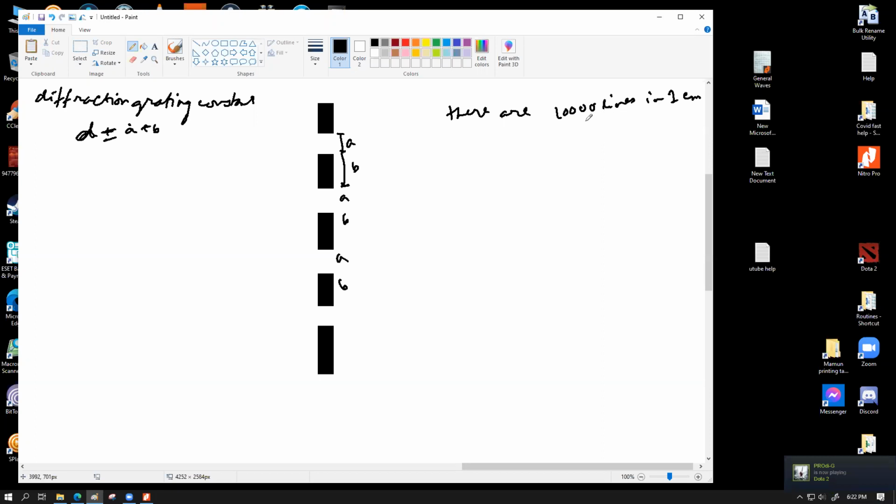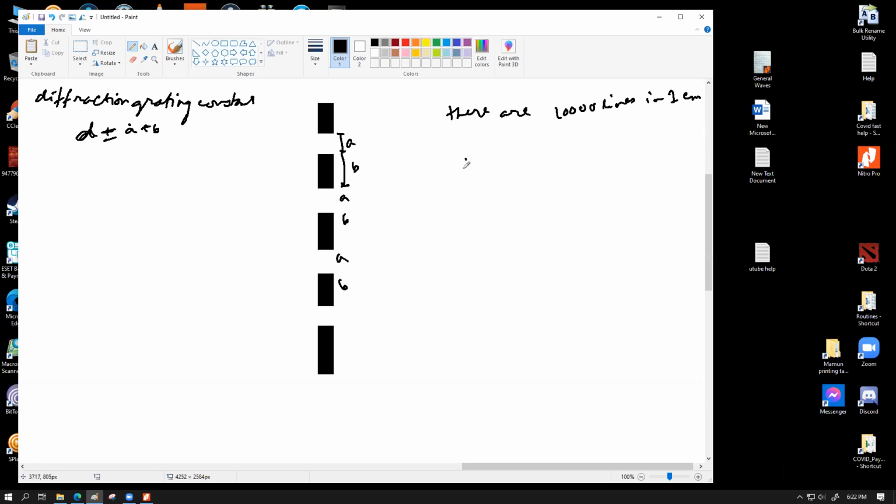This question is only telling you that there are 10,000 lines in 1 centimeter. It is not saying what the individual thickness of those lines or those gaps is. It is telling you that there are 10,000 of these black spots in a diffusion grating.